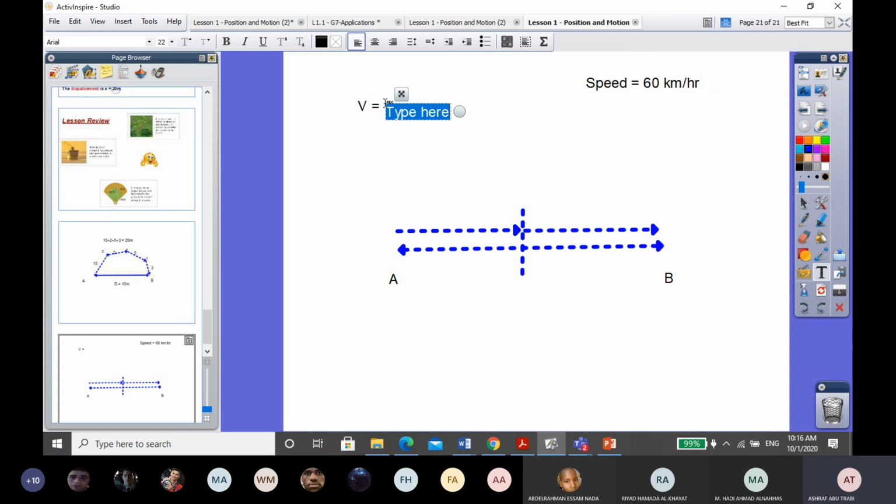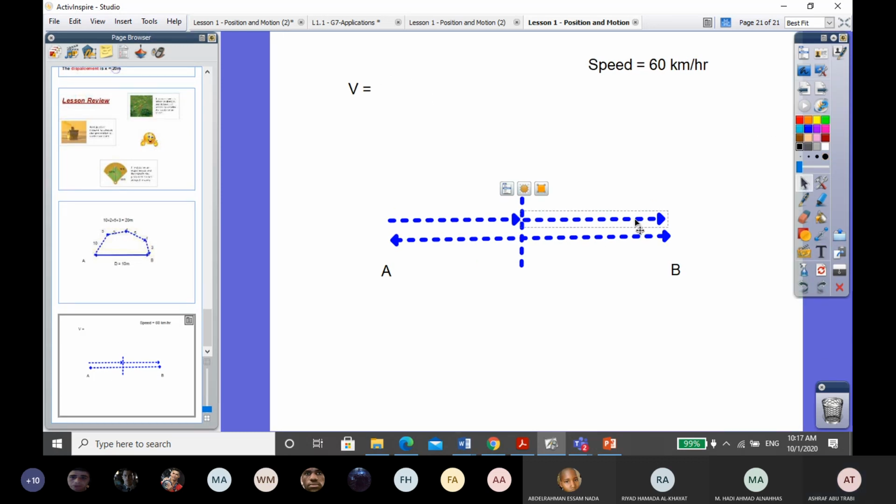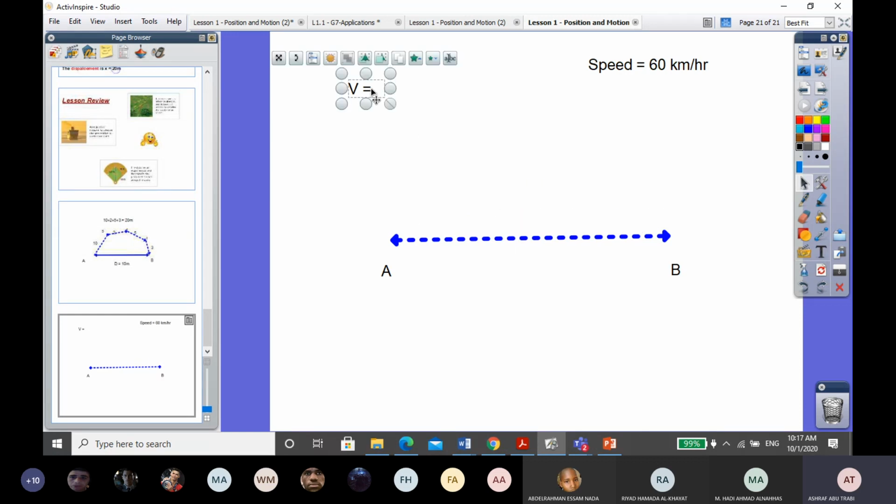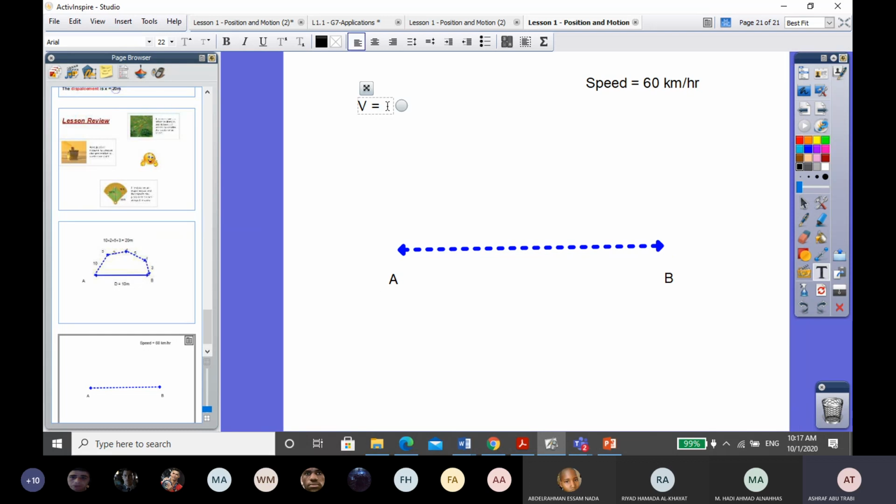But if I want to get the velocity, guys, I want to know two things. I want to know the displacement covered, and I want to know the time taken.